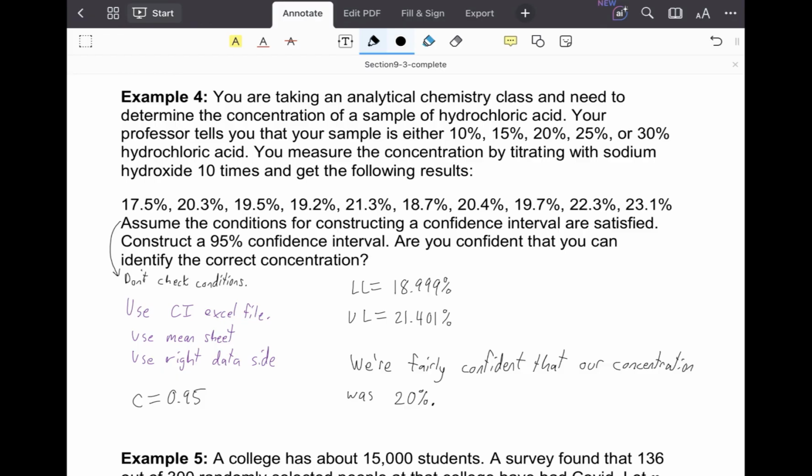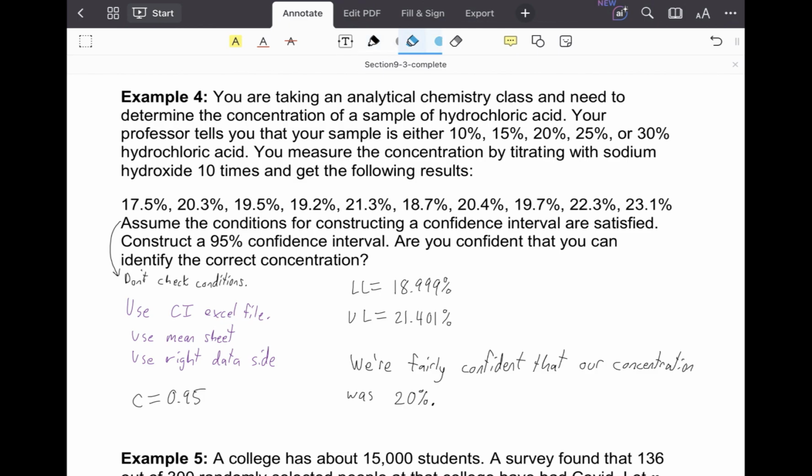Now this actually comes from some experience that I've had. I was a chemistry undergrad major, and for the lab in this class, if we didn't get the correct concentration, we actually ended up failing the lab.